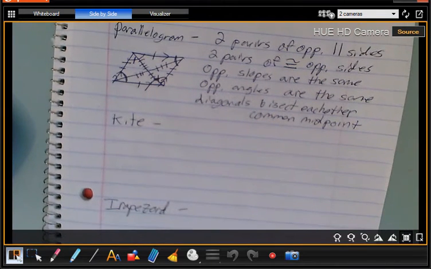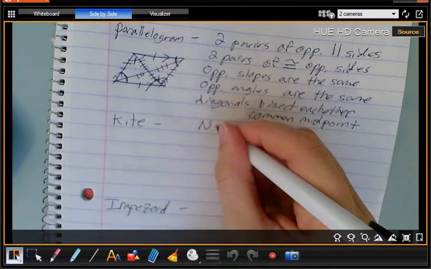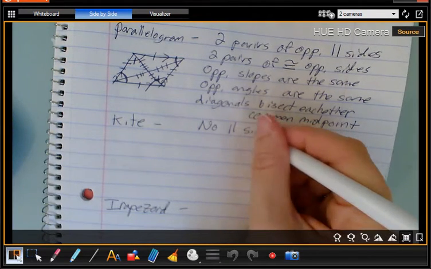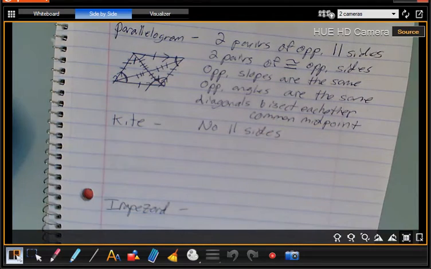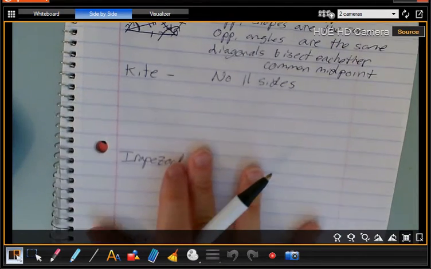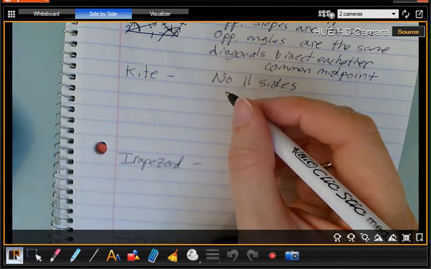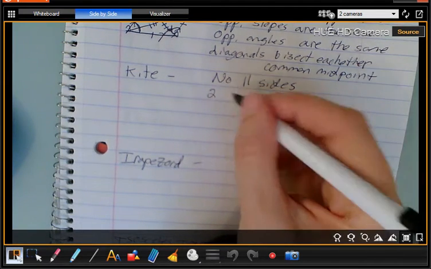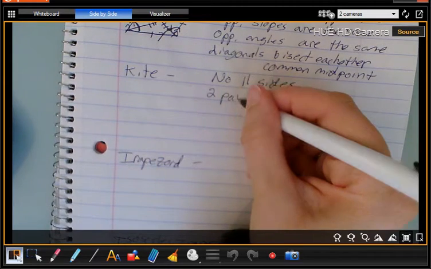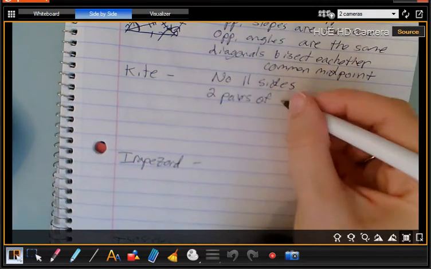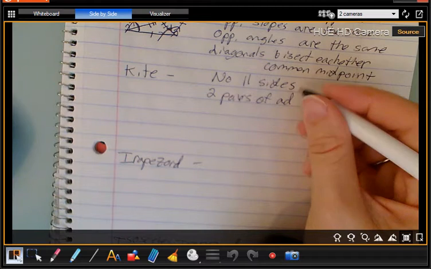Next, we're going to talk about the quadrilateral, a kite. It has no parallel sides. Remember that little symbol that looks like an 11 or stripes means parallel, so no parallel sides. Two pairs of adjacent congruent sides, adjacent means next to.